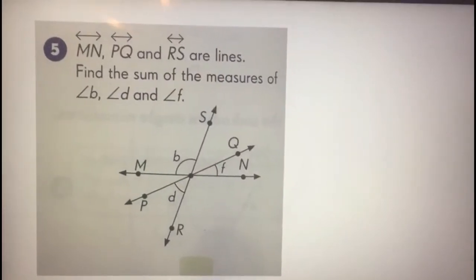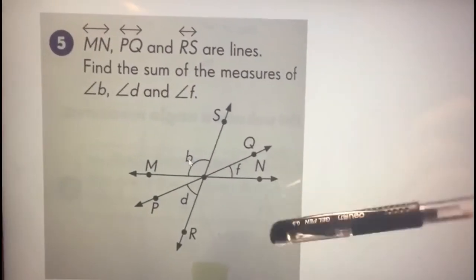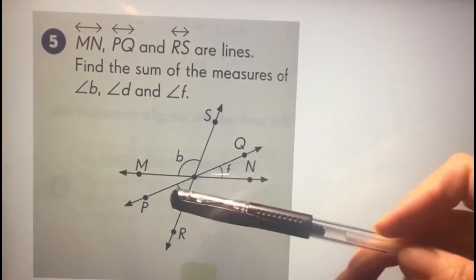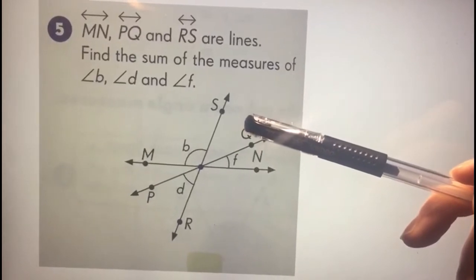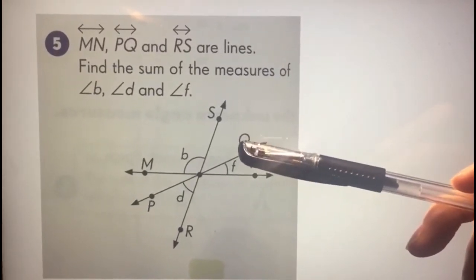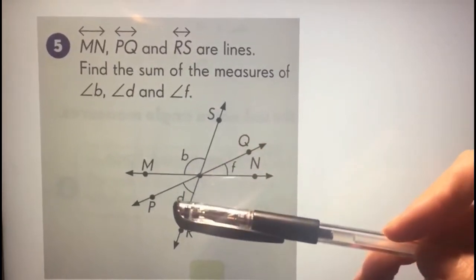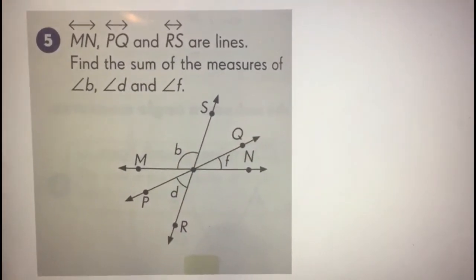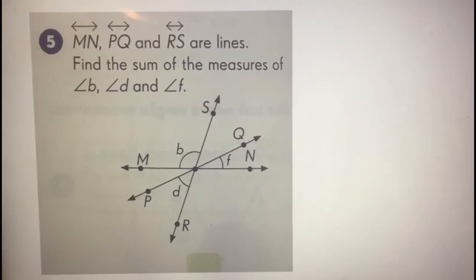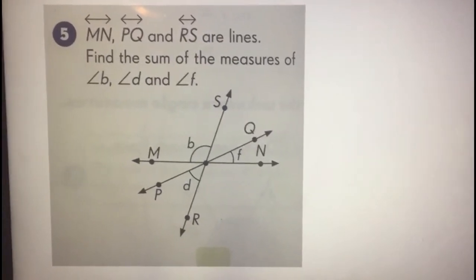And another one here. MN, PQ, and RS are lines. Find the sum of the measures of angle B and D and F. These three angles are not even close.